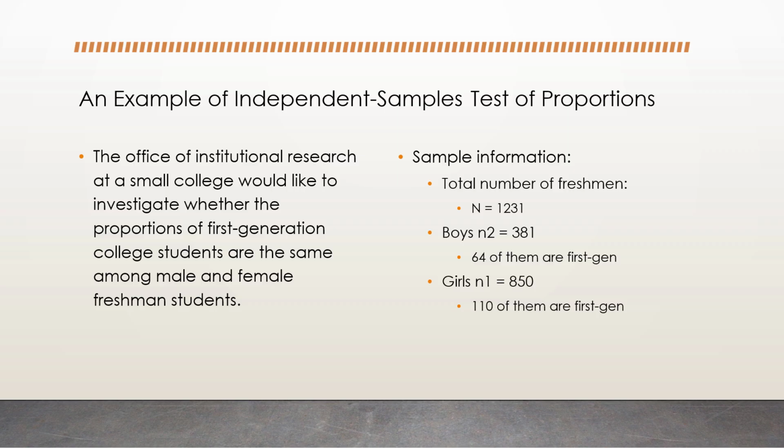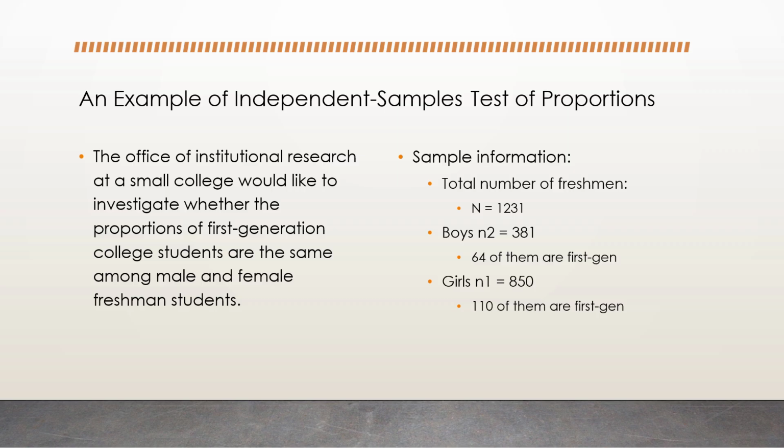Let's say the Office of Institutional Research at a small college wants to find out whether the proportions of first-generation college students are the same among male and female freshmen. A total of 1,231 students were included in this study. Among them, 381 are boys and 850 are girls.